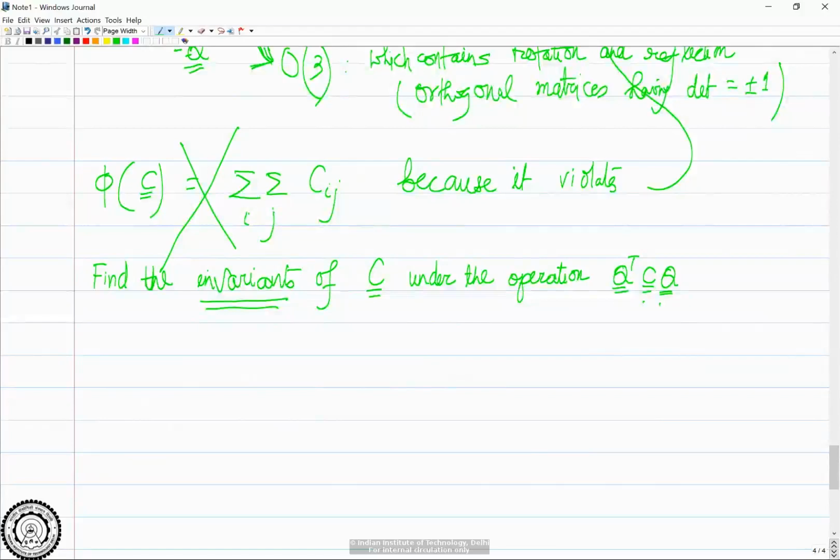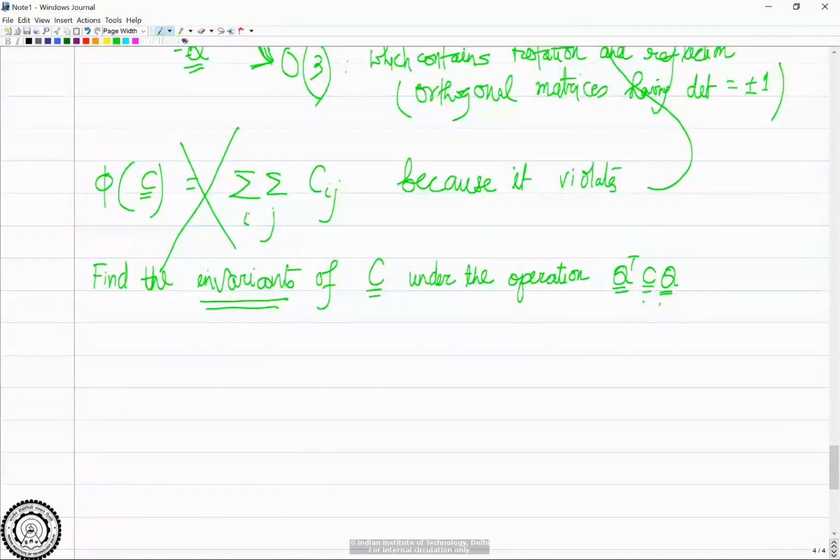Can you think of something which will not change? Eigenvalues. Eigenvalues, very correct. It turns out the eigenvalues do not change. But can you think of something more?